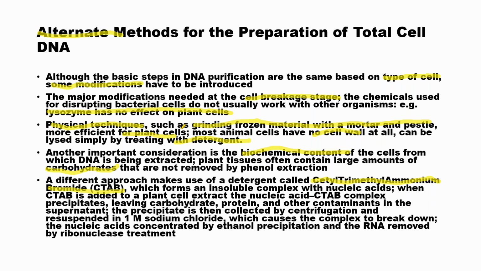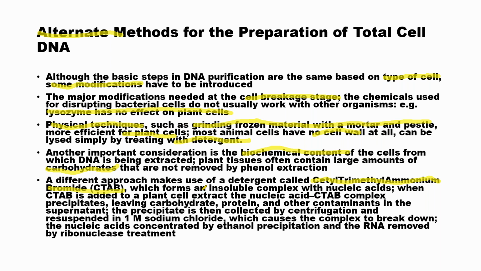Since the plant cell contains a large amount of carbohydrate, we are using a different approach. Here we are using a detergent called CTAB, cetyl trimethyl ammonium bromide.